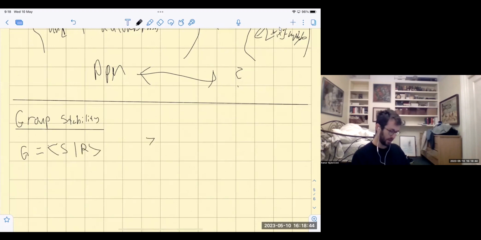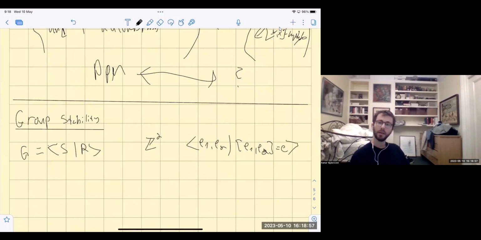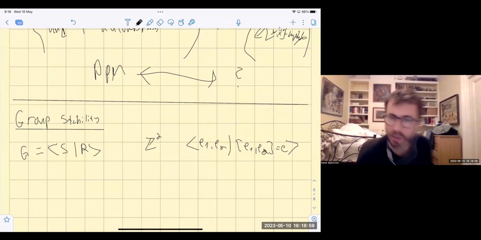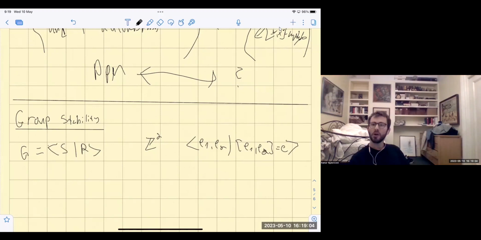Presentation of groups. So for example, if G is Z^2, then this will be e1, e2 with the relation that the commutator of e1 and e2 is trivial. Is the notion of presentation of groups known? I assume it is. Yeah. Okay.